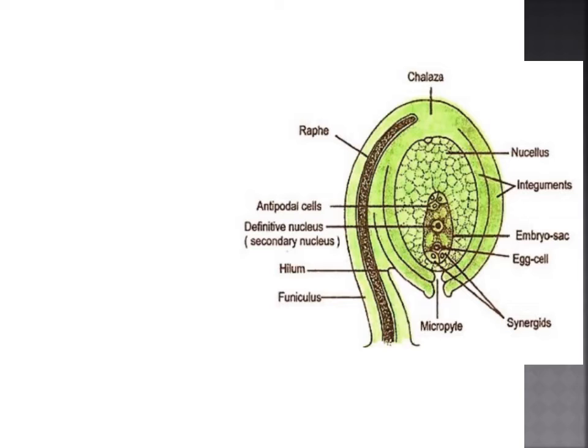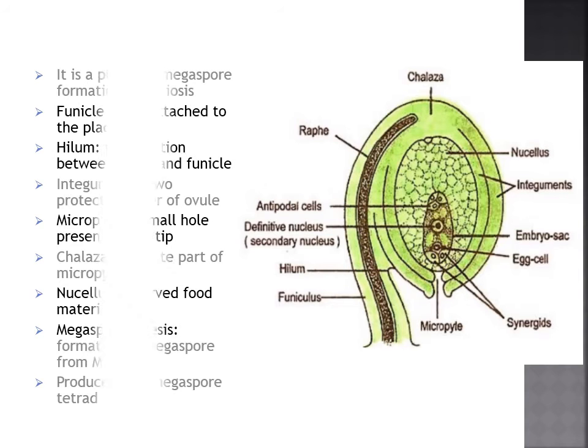They are rich in food material. Next, opposite to the micropylar end, the chalazal end is present. Inside the embryo sac, 3 antipodal cells, 2 synergid cells, 1 egg cell and 2 polar nuclei are present.